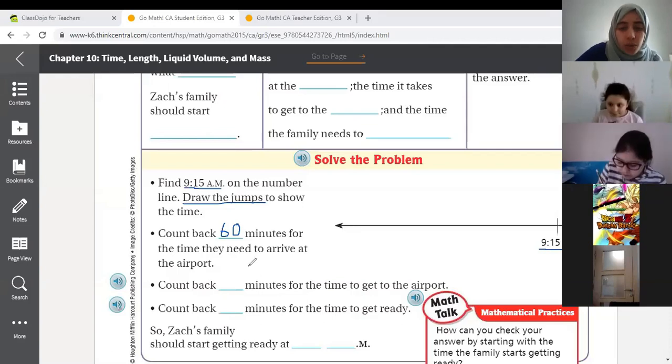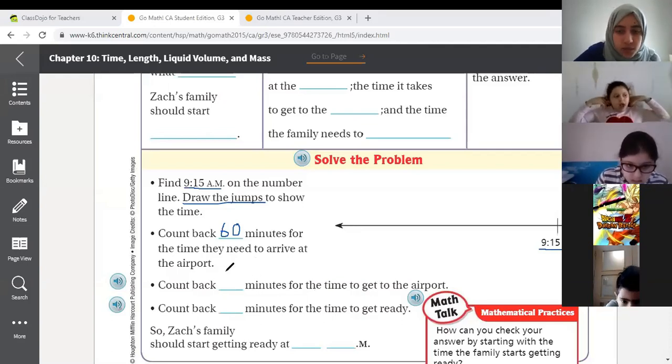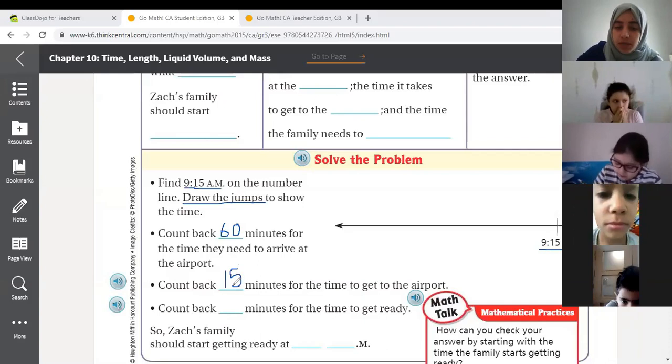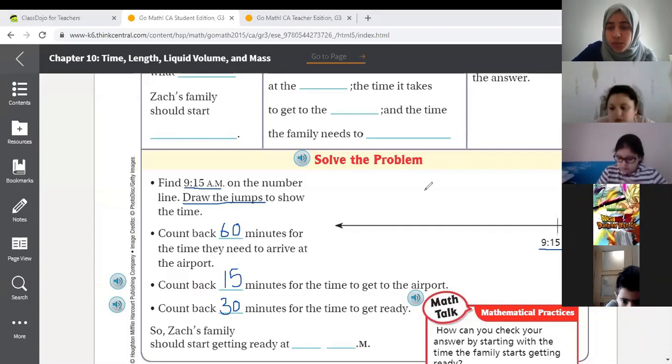And then we're going to count back again because for the time to get to the airport, it was 15 minutes. And the time for them to get ready was 30 minutes. So we need to count back by all these minutes to reach the start point.